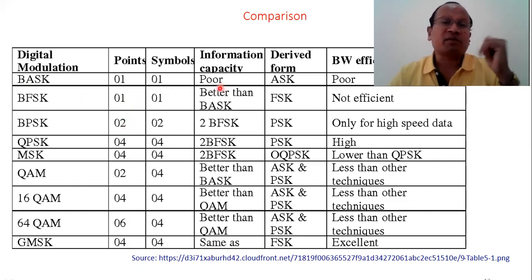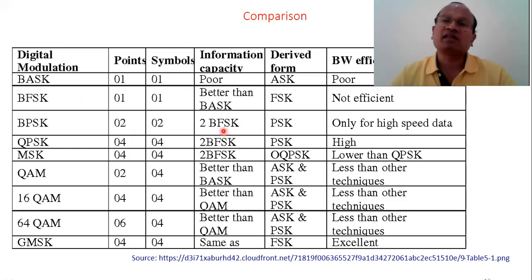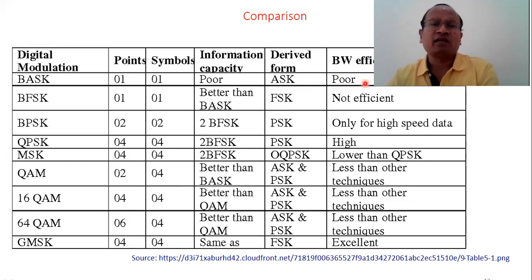The information capacity is less in BASK, better than BASK in BFSK, and 2 times of BFSK the capacity is there in BPSK. Bandwidth saving is not there in BASK, and bandwidth is again not efficient in FSK, whereas PSK is used for high speed data, and we can save some bandwidth.